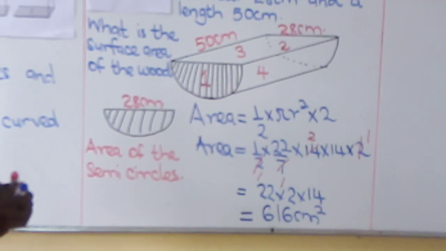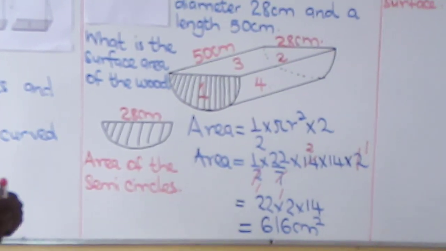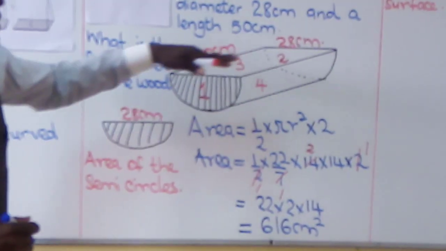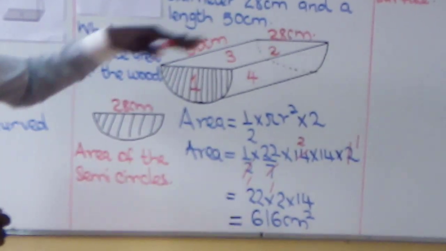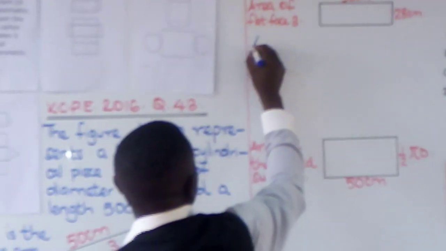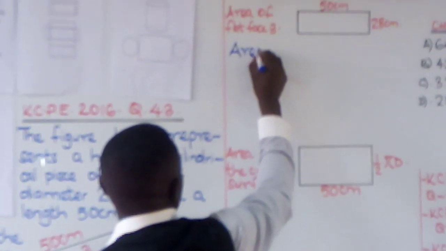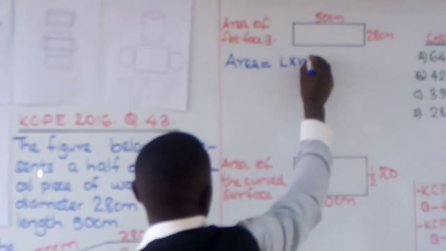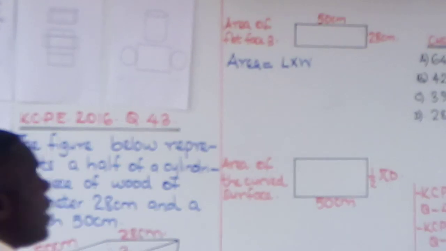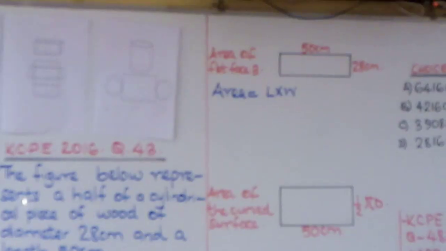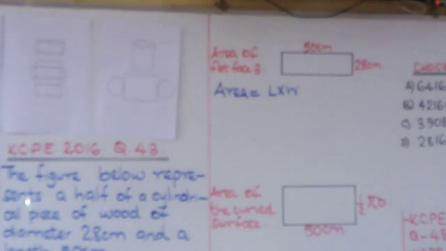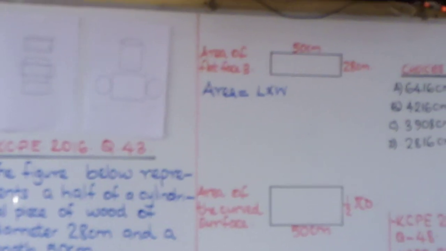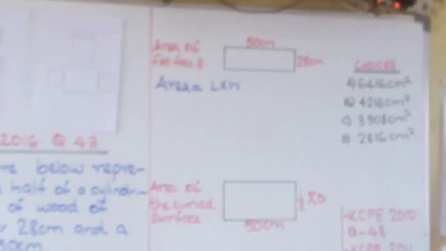So we've done that. Now we come to the area of the flat top. It is rectangular in shape, so we use the formula for the area of a rectangle, which is length multiplied by width. In this case, our length is the height of the cylinder, and our width is the diameter of the circular top.